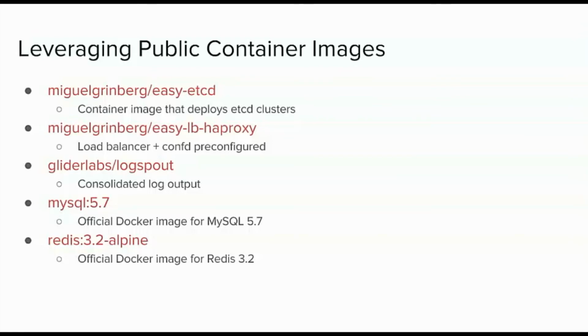And then I did the same for HAProxy plus confd. I created a container image that has all of that configured. Last year I included in the repository a configuration example for Nginx, and if you wanted to implement that, you needed to take that file, look at it, and edit it according to your needs.